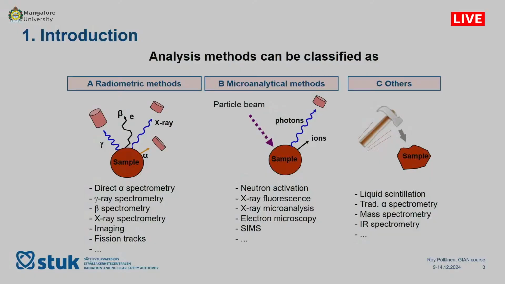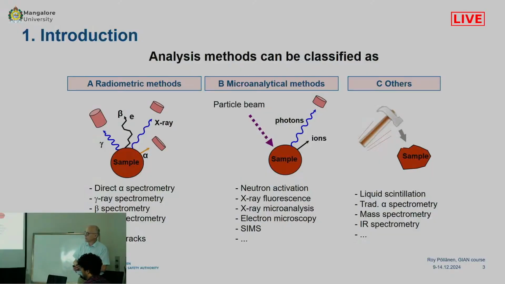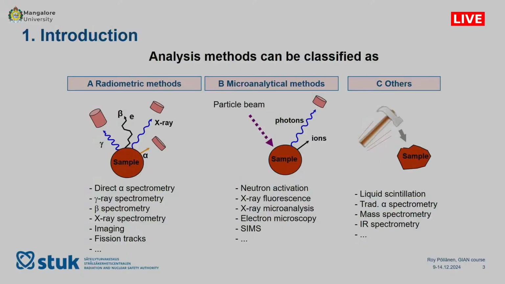They do it actively. And we can use, for example, direct or non-destructive alpha spectrometry, gamma ray spectrometry, beta spectrometry, X-ray imaging or spectrometry imaging, or fission track methods. We can use these without activating the nuclide itself. They actively send us information.